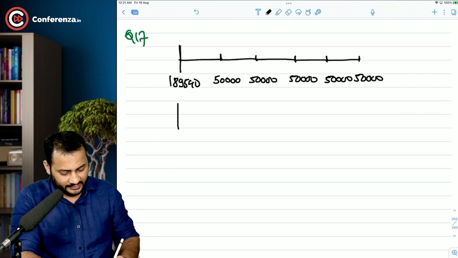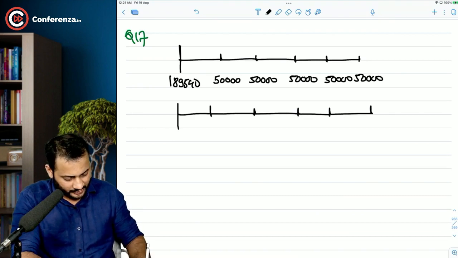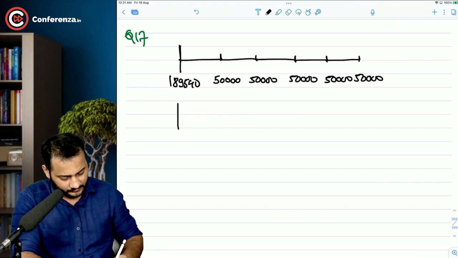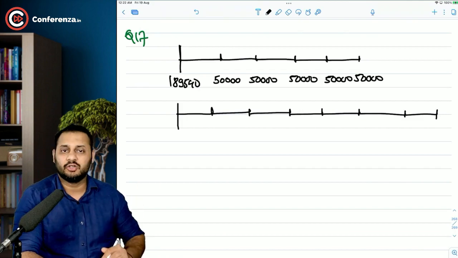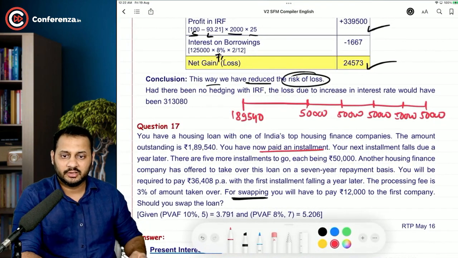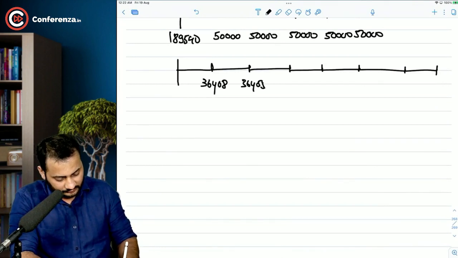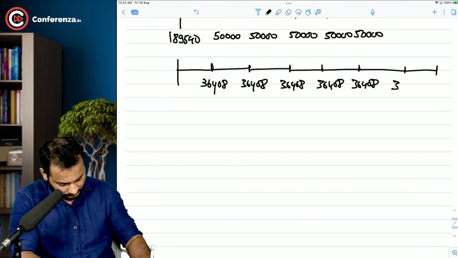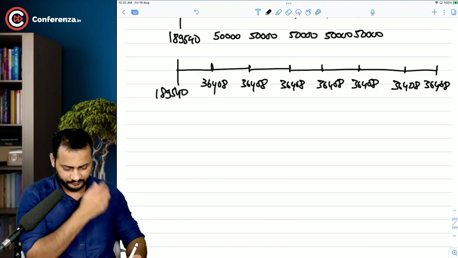But the other bank is saying that you forget about the loan with that bank. We will make the payment to the other bank. And you pay us in 7 installments, right? And that will be 36,408. So you pay us 36,408. Pretty good question. Okay, so as good as 189,540.